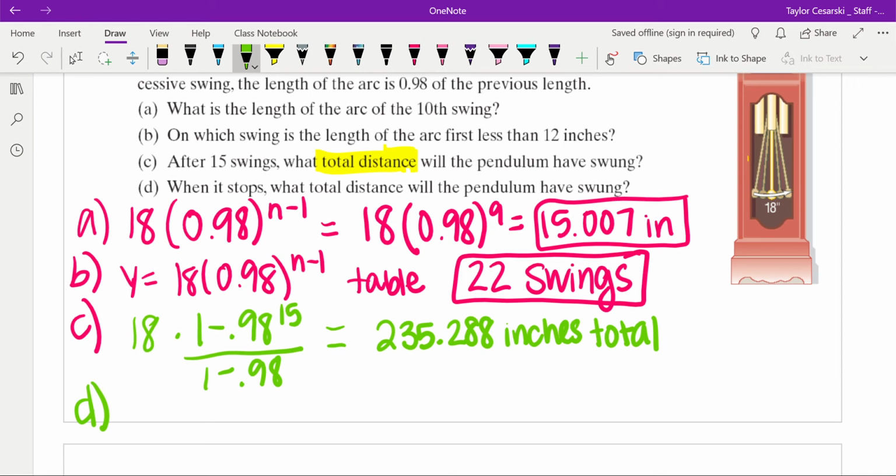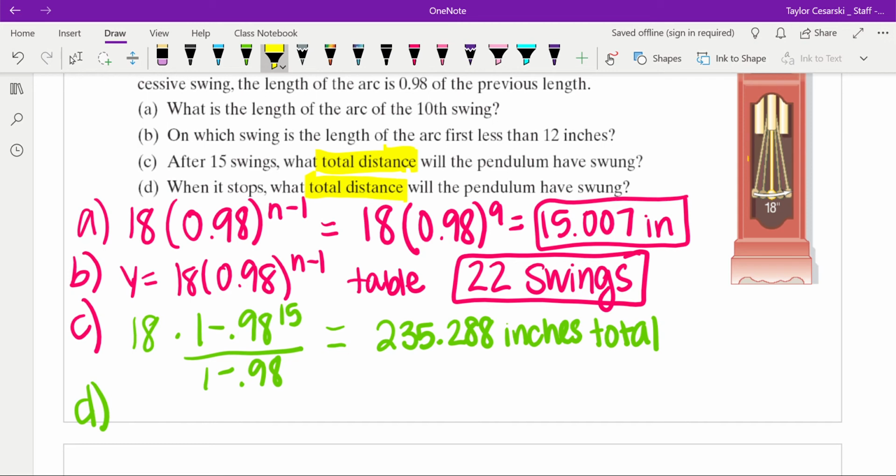All right, and the last one, when it stops, what is the total distance that the pendulum will have swung? So when it stops, technically this is an infinite geometric, because it's going to keep going, like when you think about it, it's going 0.98 every single time.